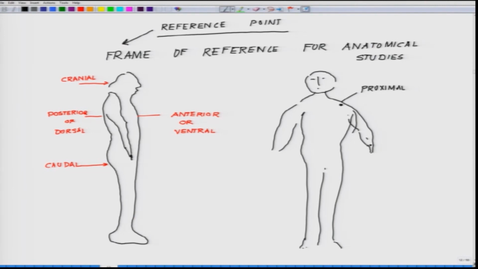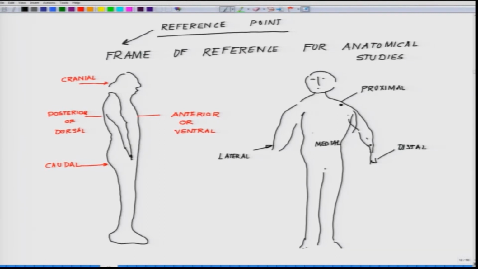And where you have the digits and everything, this is called the distal end. You'll come across these words, and this part of the body is called the medial part. Similarly, the sidewise, which is the arms and everything, these are called the lateral part.